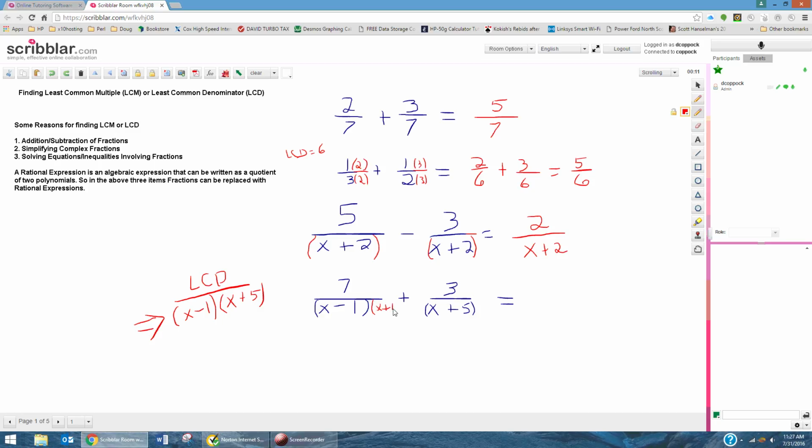So I multiply top and bottom of the first fraction by x plus 5. And now the first fraction matches the LCD. And guess what? I have to multiply top and bottom of this one by the missing factor, x minus 1.